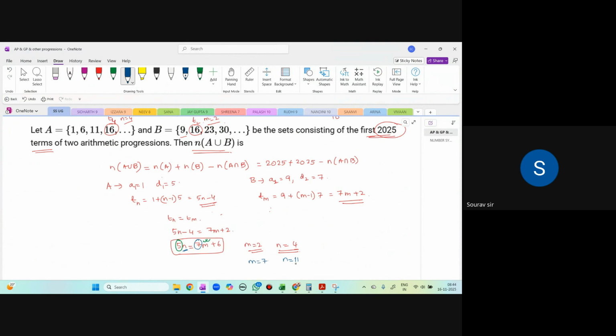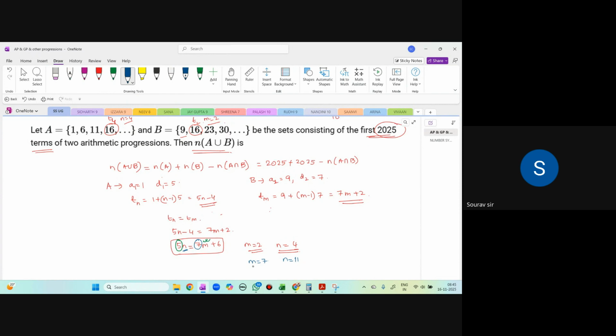You can check it out. If you put m equal to 7, 7 into 7 is 49 plus 6, 55, divided by 5, 11.